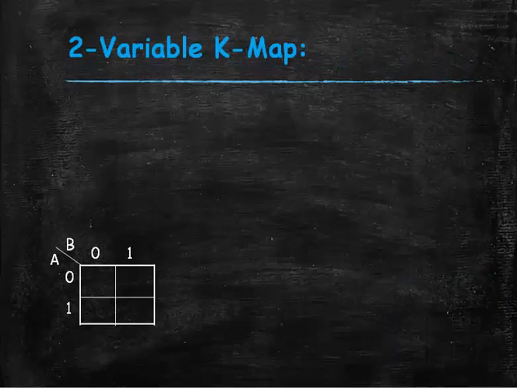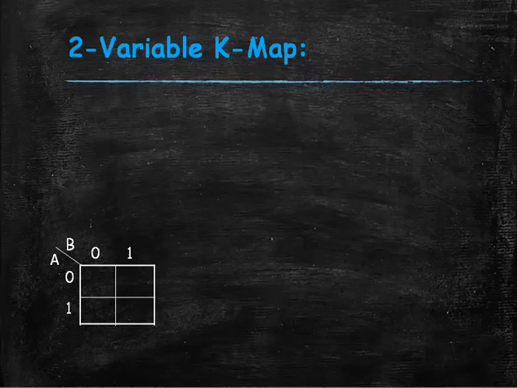The figure shows an unfilled 2 variable Karnaugh map, or K-map, and now we put in the position values.